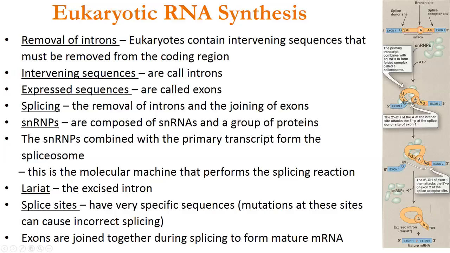Earlier I said there were introns in eukaryotic messenger RNAs. These are sequences that are not expressed. They're intervening sequences that need to be removed. Why do eukaryotic messenger RNAs have these? The short answer is I don't know. There are hypotheses out there, but I don't know that anything's been proven conclusively.